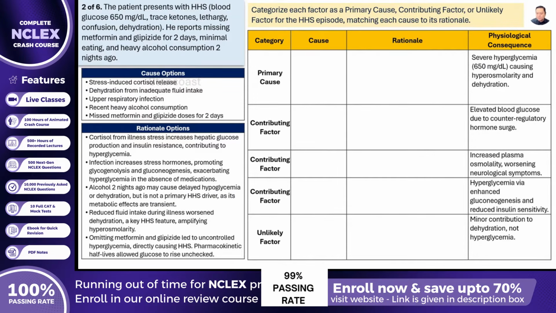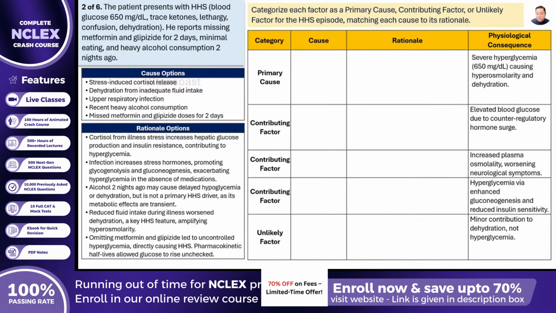One of those is cortisol from illness, stress, increases hepatic glucose production and insulin resistance, contributing to hyperglycemia. Infection increases stress hormones, promoting glycogenolysis and gluconeogenesis, exacerbating hyperglycemia in the absence of medications.